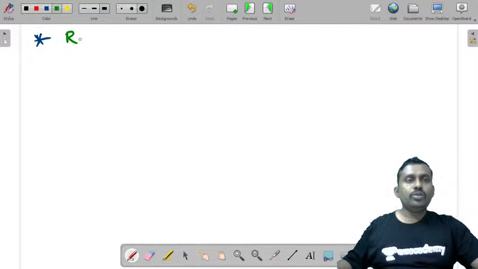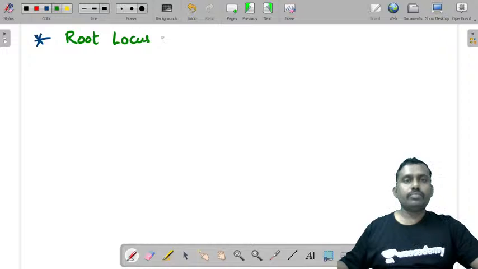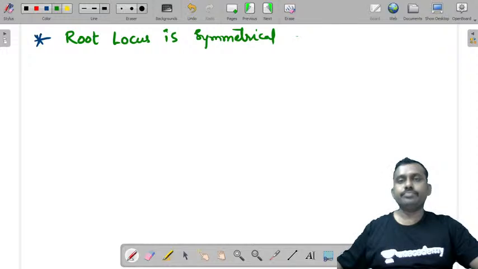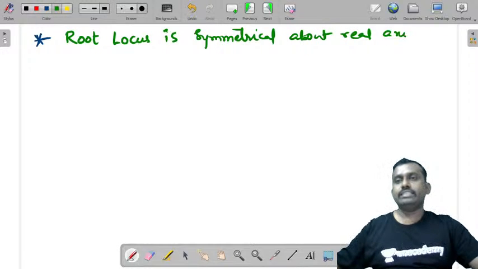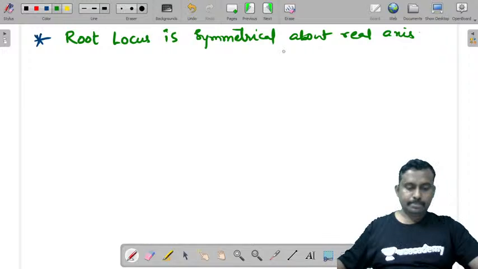So root locus is symmetrical about the real axis. This is the first point.